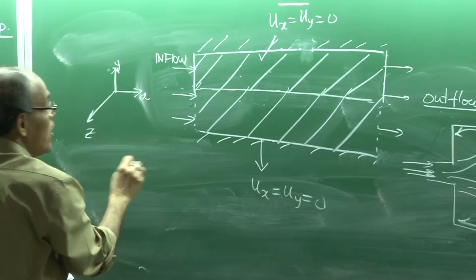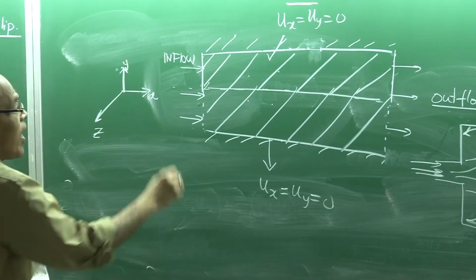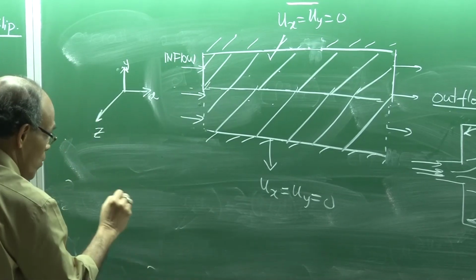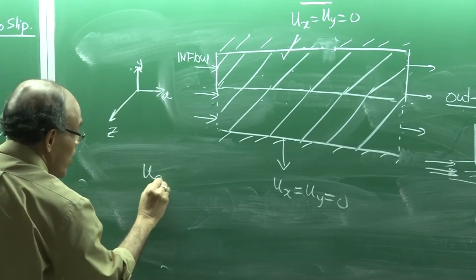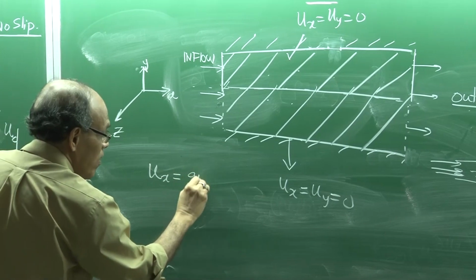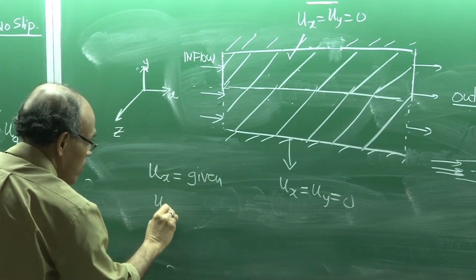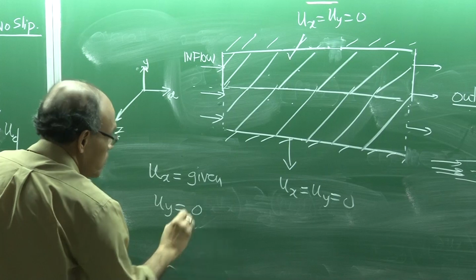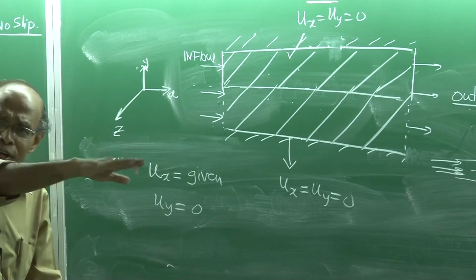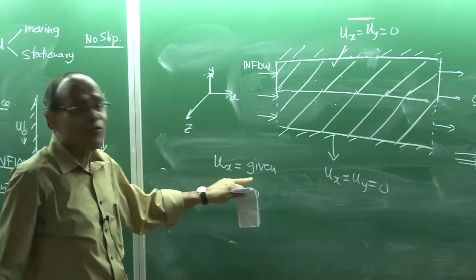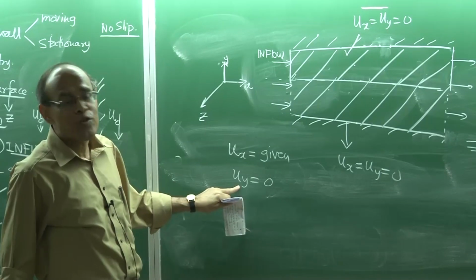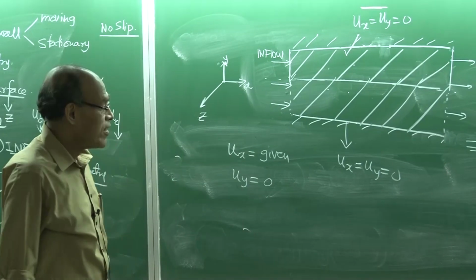In this, if the flow is parallel, or I can say there is a cross-sectional average velocity, then ux is given and uy is zero, which essentially says that the fluid is entering with a horizontal component of velocity. It does not have a velocity in the y direction itself.